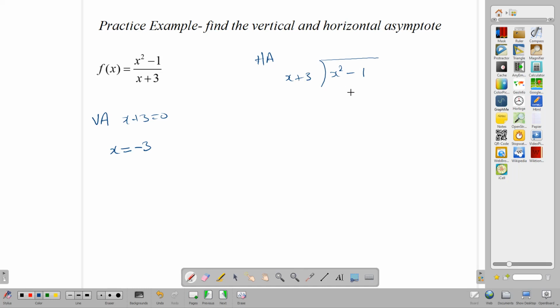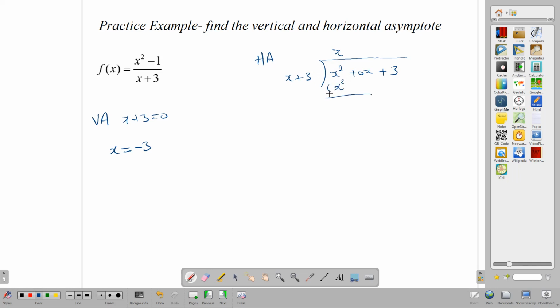You can use synthetic division to do this, and it would work out pretty simple. So we'd have x squared plus 0x, since there's no x term. But since we started with long division, let's just continue it. Plus 3. And so x into x squared gives us x, and x times x is x squared.